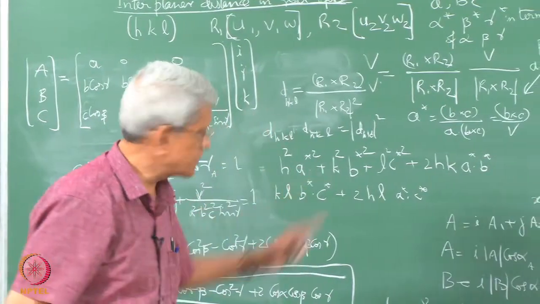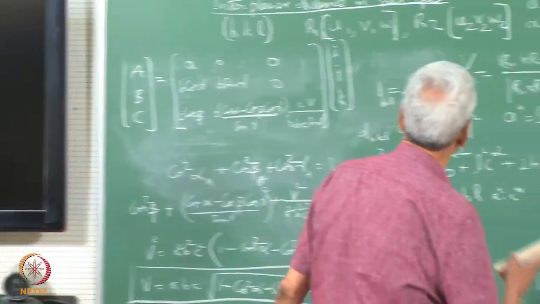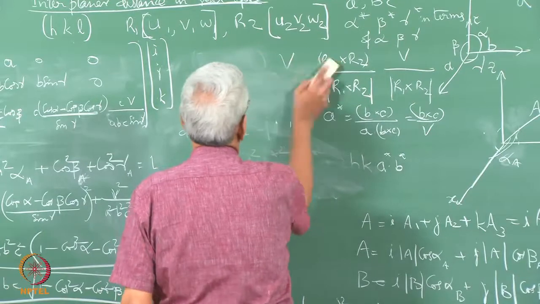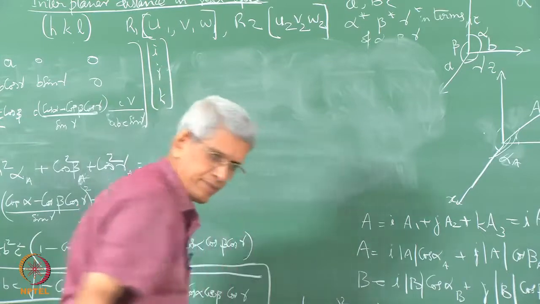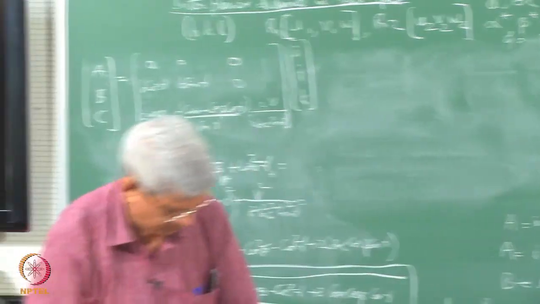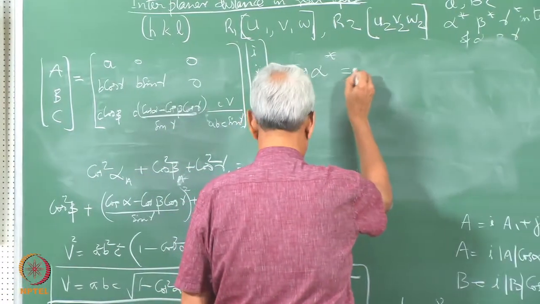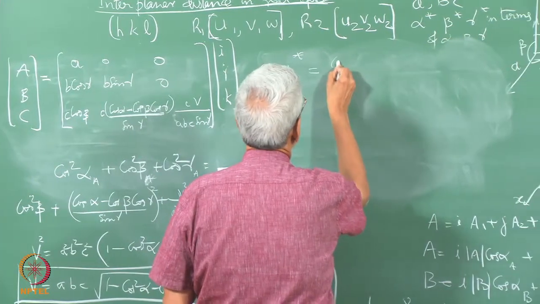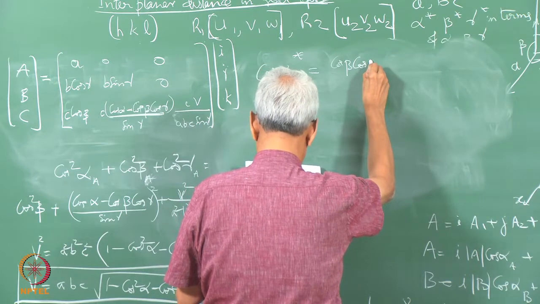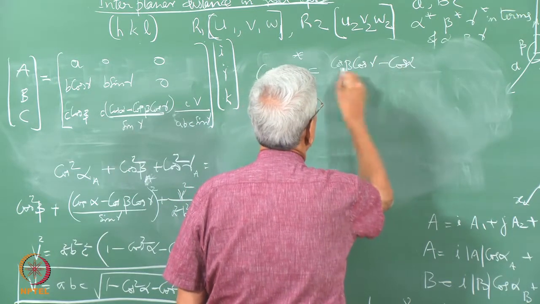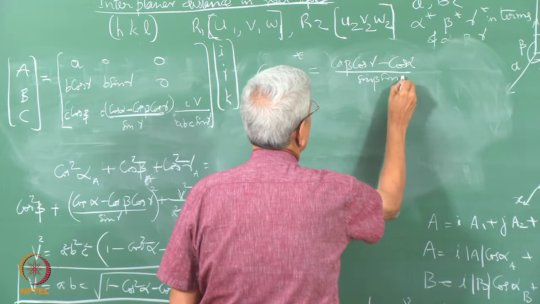That relationship I will just write down, but as an exercise one can work it out. It is: cos beta star equals cos alpha cos gamma minus cos beta... cos alpha star equals cos beta cos gamma minus cos alpha by sin beta sin gamma.